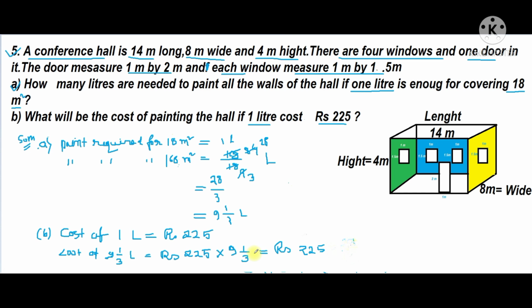So there we'll give multiply sign, and after rupees 225 into, we'll write 28 by 3. Then we'll cut this numerator by 3 and denominator by 3, then we will get 75 into 28. Then 25 into 28, then it will be rupees 2100. Okay, this is the required cost to paint the wall.